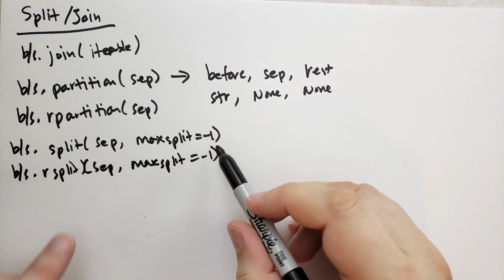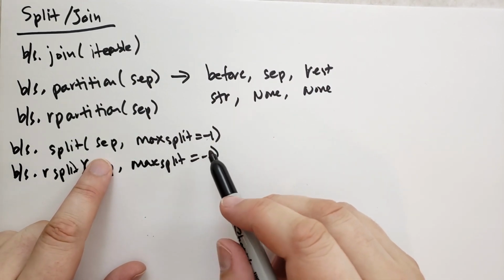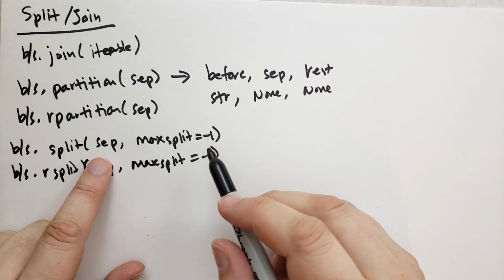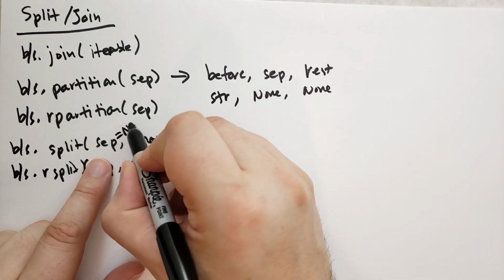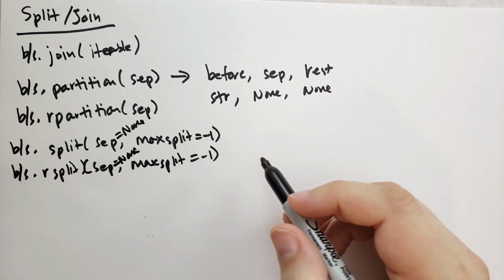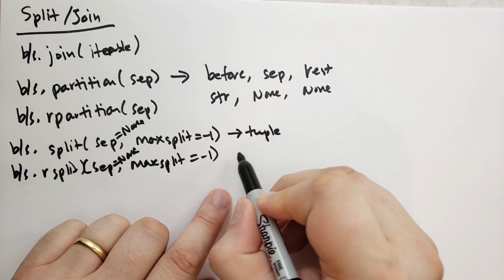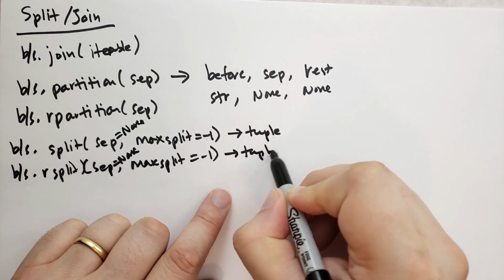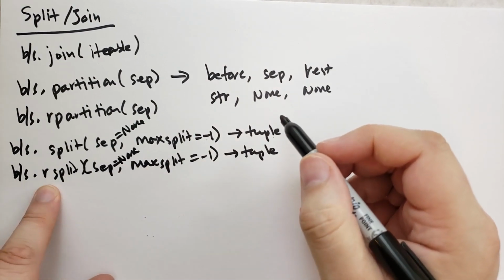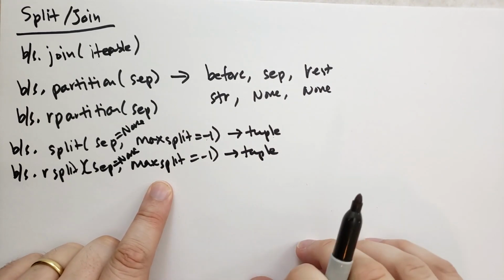What this does is it takes a string and breaks it up into multiple substrings based on where the separators are. And I think by default it uses white space. So if you don't even specify a separator, it will use white space to separate things. And it returns it as a tuple. We haven't really covered tuples yet. The only difference between these two is if you have rsplit and the max split is not -1, then it'll give you the rightmost splits. Okay.